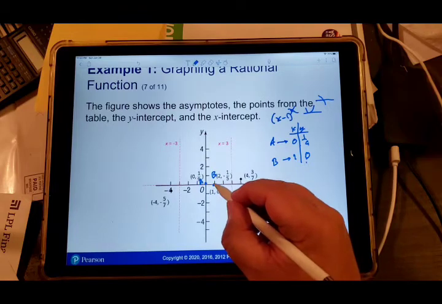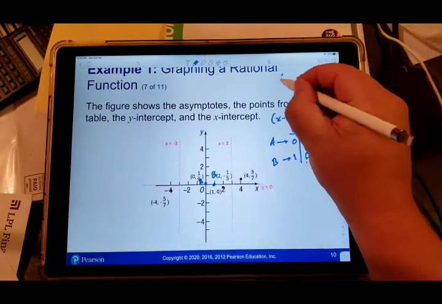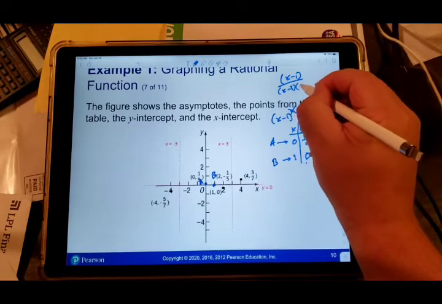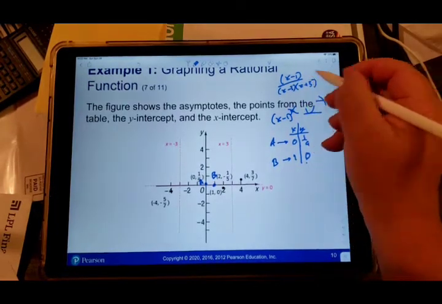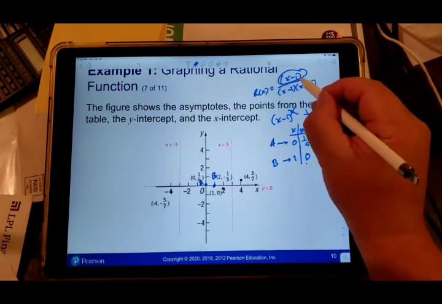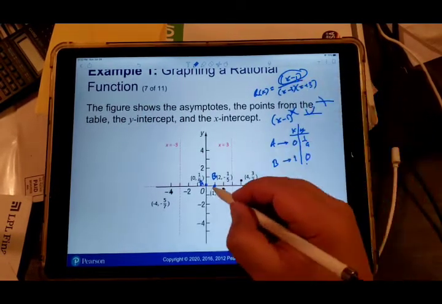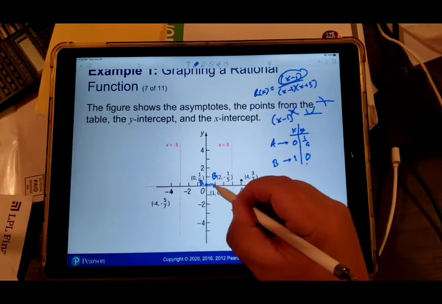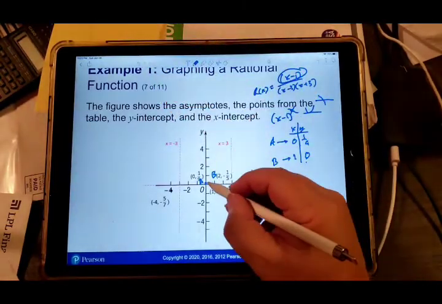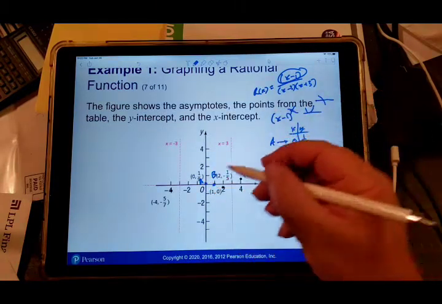So I know this. Let me write the factored version of the function here. I know the asymptote created by x minus 1 is the type where the graph has to cross. And that's really all I need to run to the races here.